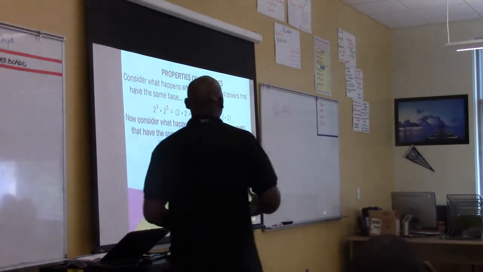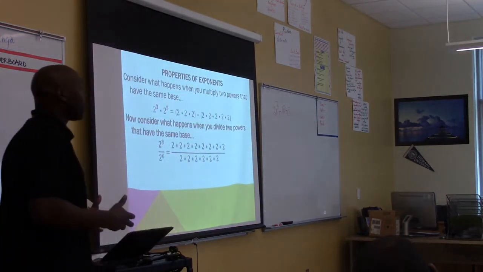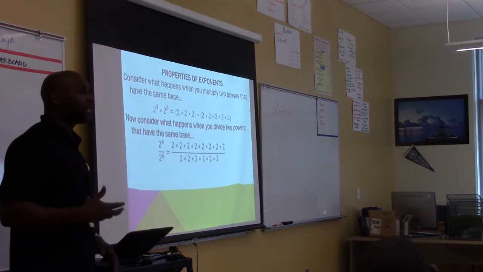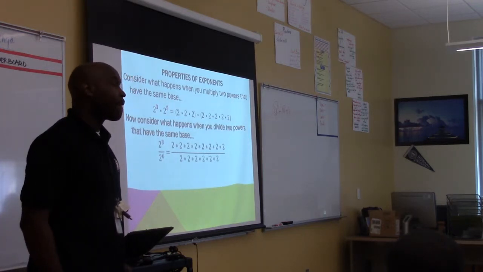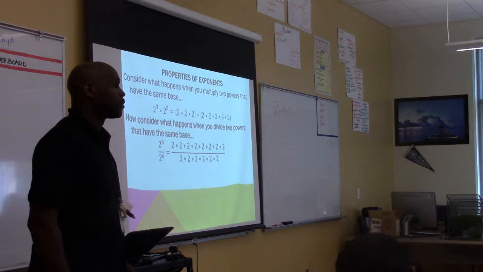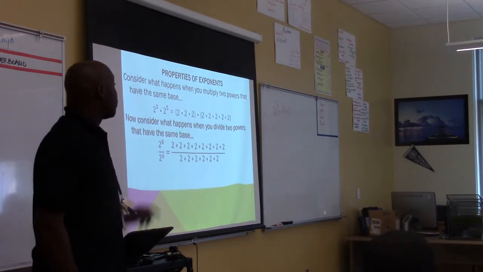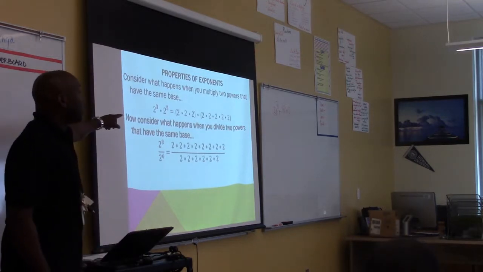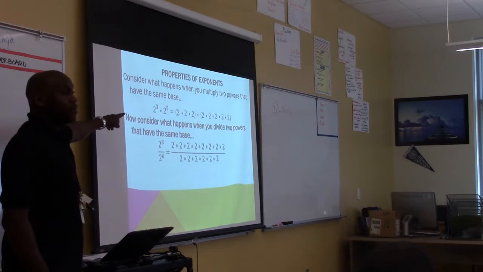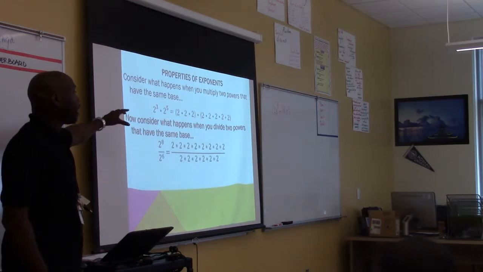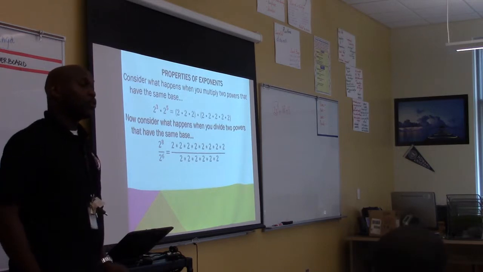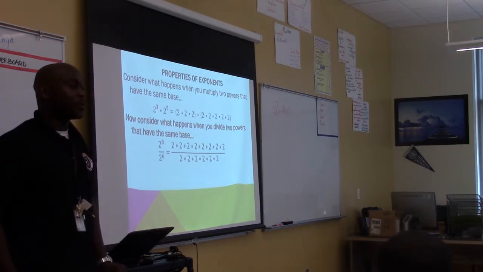What do you think will happen if we multiply two powers that have the same base? They have different powers, but what is happening with the power when we multiply the two terms? Same base, different exponents. What's happening?